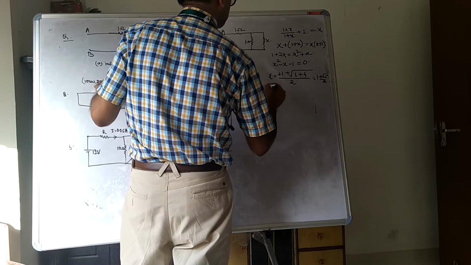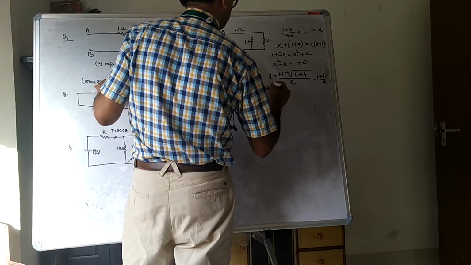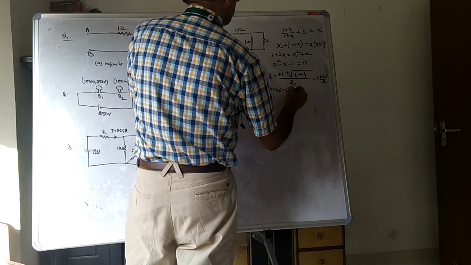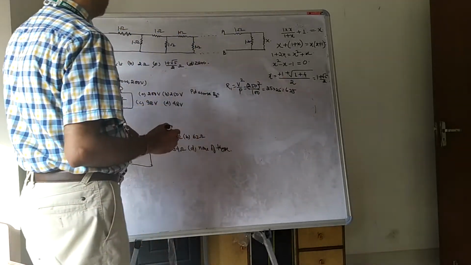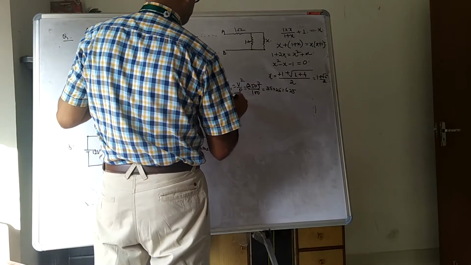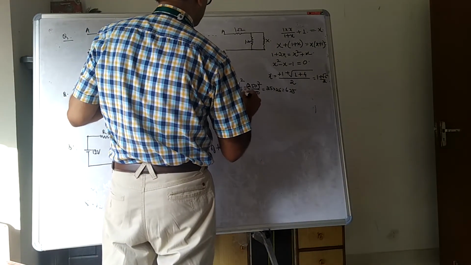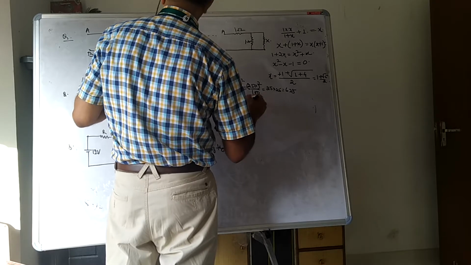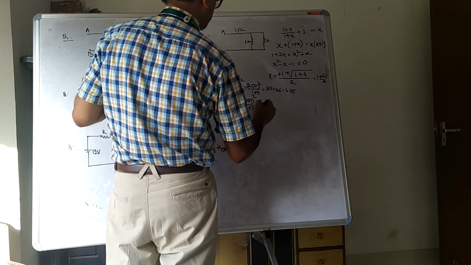So the answer is 25 into 25, which is 625. Now the second one, what will be the resistance of the second bulb? V square by P, so it will be 200 whole square divided by 100.